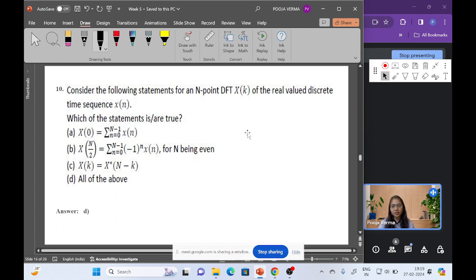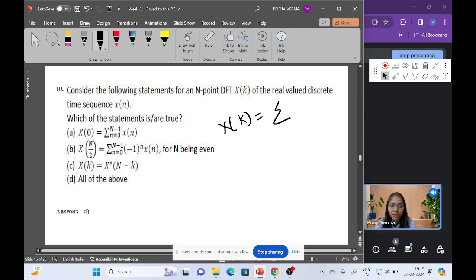So consider the following statements for an n-point DFT X of k of a real valued discrete time sequence x of n. What are the statements which are true? You already know what the DFT of x of n is.